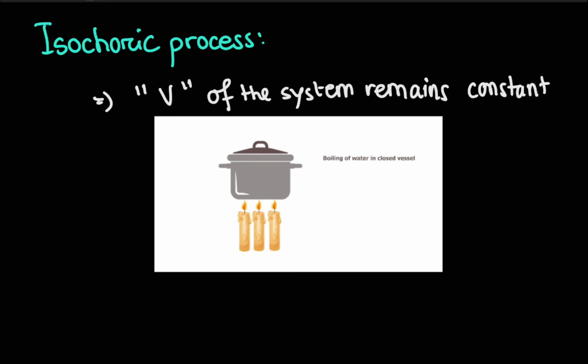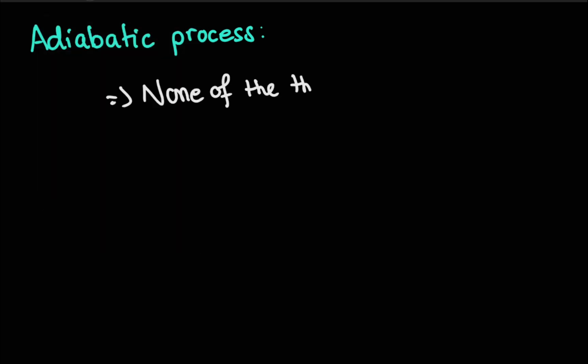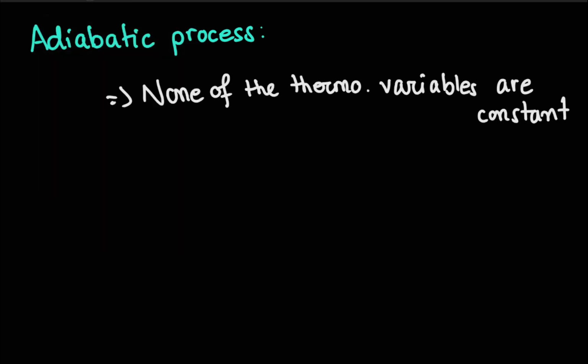Alright, moving on with the adiabatic process. In an adiabatic process, the main feature is that none of the thermodynamic variables remain constant. In this type of thermodynamic process, there is no transfer of heat as well.